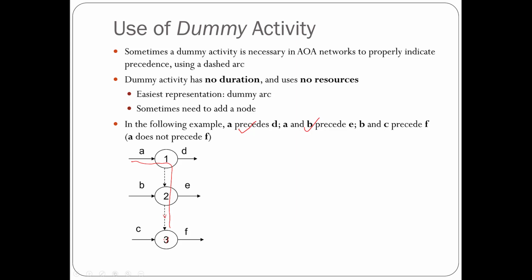But the problem statement said A does not precede F. So when we add these two dummy arrows here to achieve the purpose that E's predecessors are both A and B, and F's predecessors both B and C, we added another condition that A has to be done before we can conduct F, which is not true. So how do we solve this problem? How do we modify this network so that we can correctly represent this predecessor relationship?